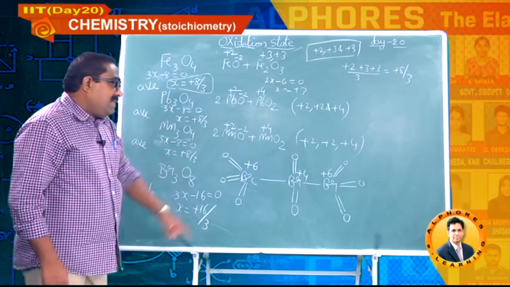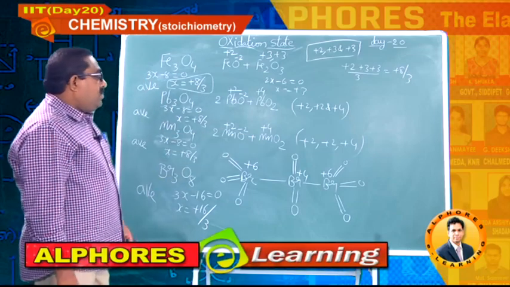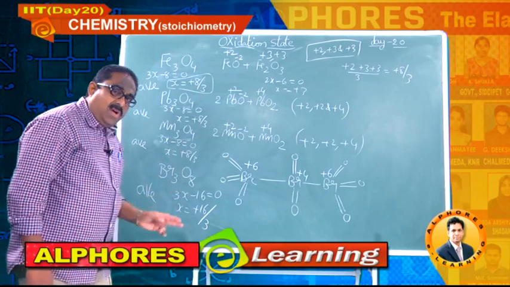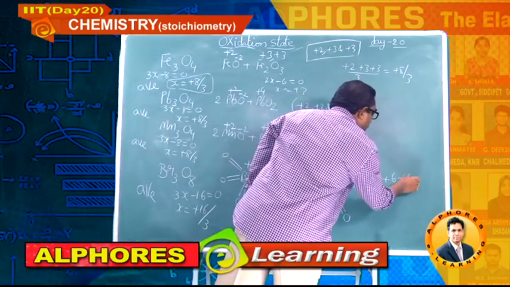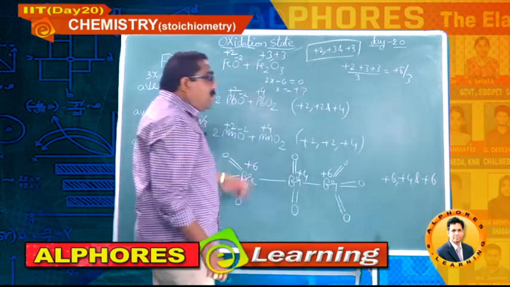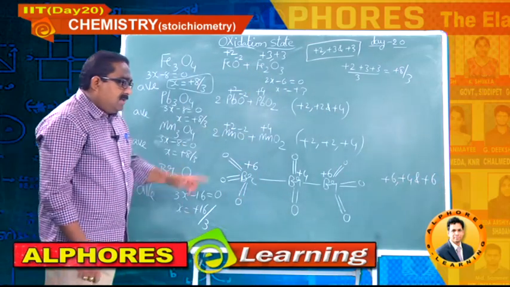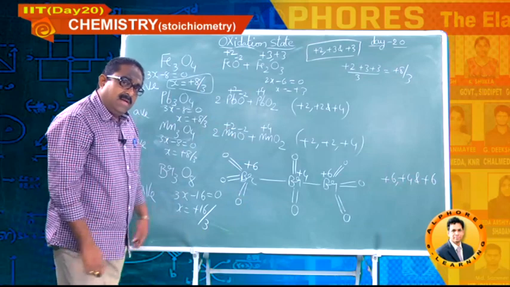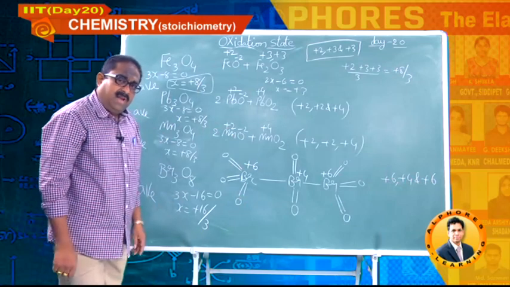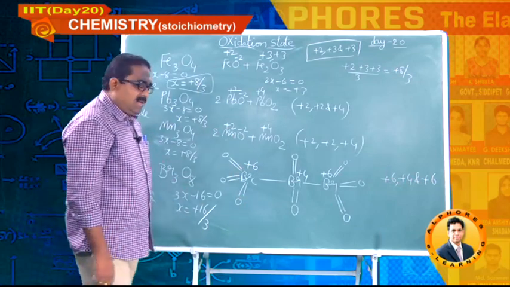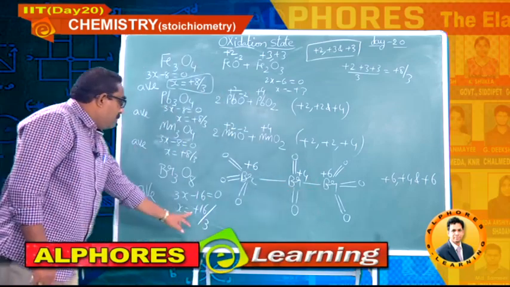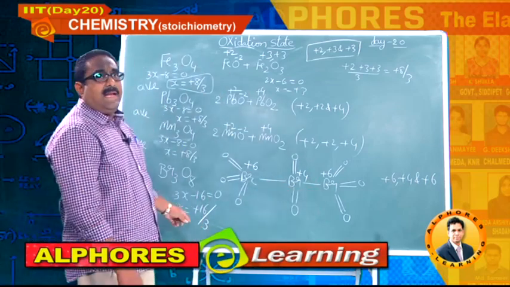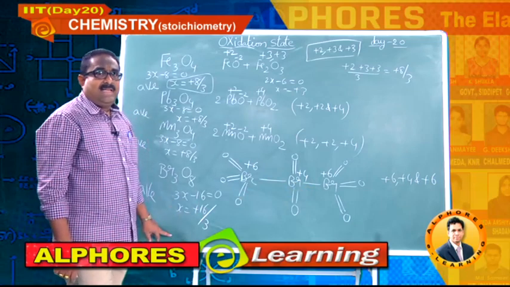So the individual oxidation states are +6, +4 and +6. I am writing here. Do the average: 6 + 4 is 10, 10 + 6 is 16. The total number of bromine atoms is 3. So +16 by 3.